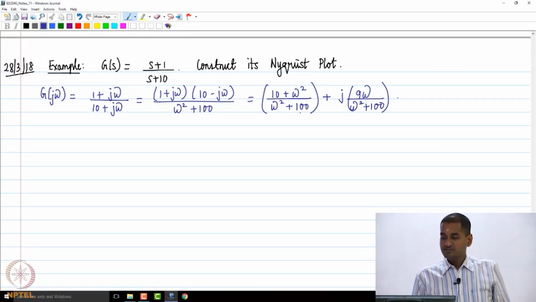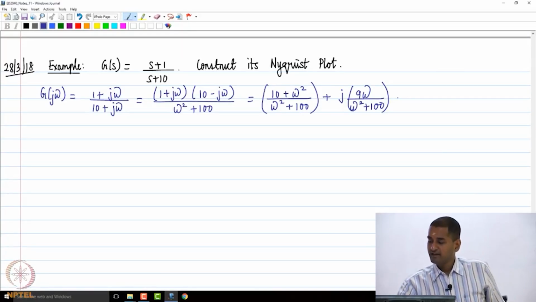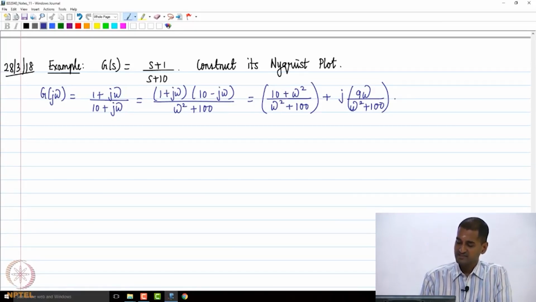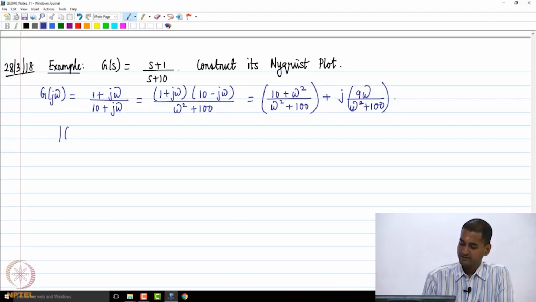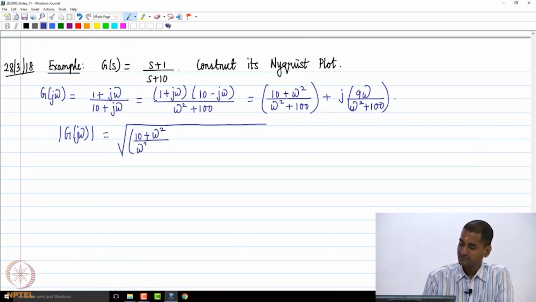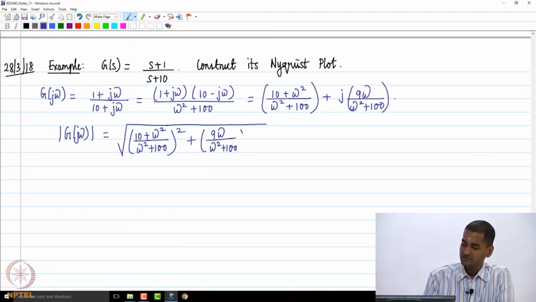In terms of magnitude and phase, what are we going to have? If I write the magnitude and phase of the sinusoidal transfer function, the magnitude is going to be the square root of the real part squared plus the imaginary part squared. So we are going to get the square root of 10 plus omega square divided by omega square plus 100, whole square, plus 9 omega divided by omega square plus 100, whole square.